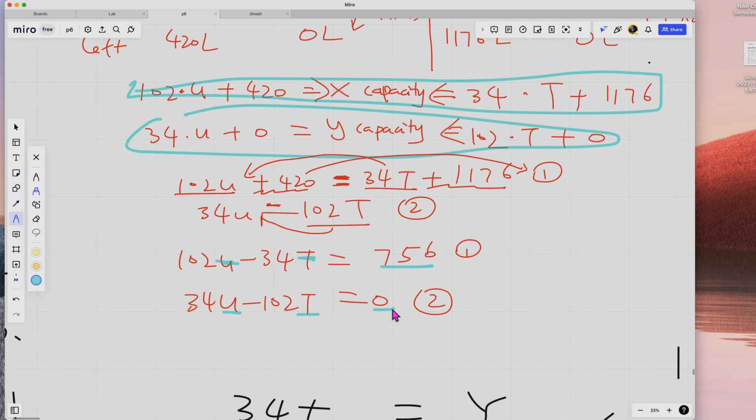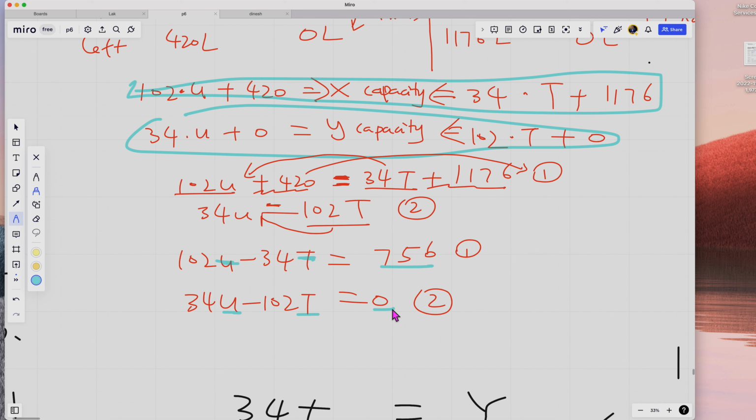Why must you make sure that they are in order? Because otherwise they'll get mixed up. If your first equation is U, T, number, and over here is T, U, number, your calculator is going to mix them up when it solves. You can look at your calculator, that function. Do you still remember how to go to that function?